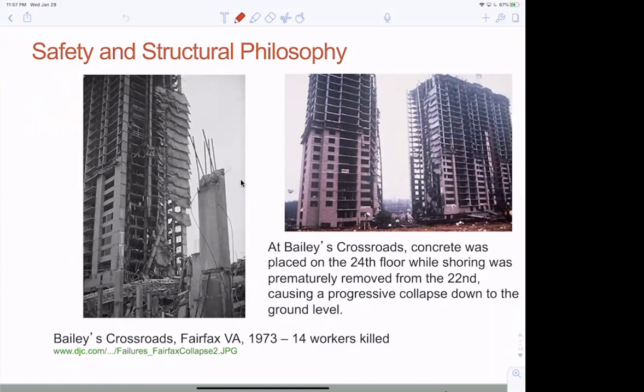And so they were shoring from the 22nd to the 24th floor, and they removed the shoring from the 22nd floor too early. Things weren't cured enough. It started collapsing, and then it collapsed all the way down to the ground because one floor fell on the next, and it was 2 floors, and then once it started going, there was no way to stop it. This was in 1973 in Virginia, and 14 people were killed.